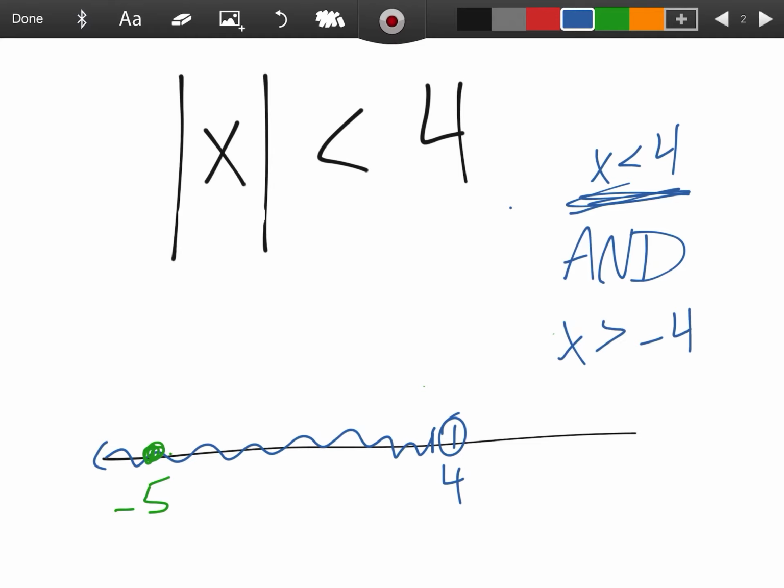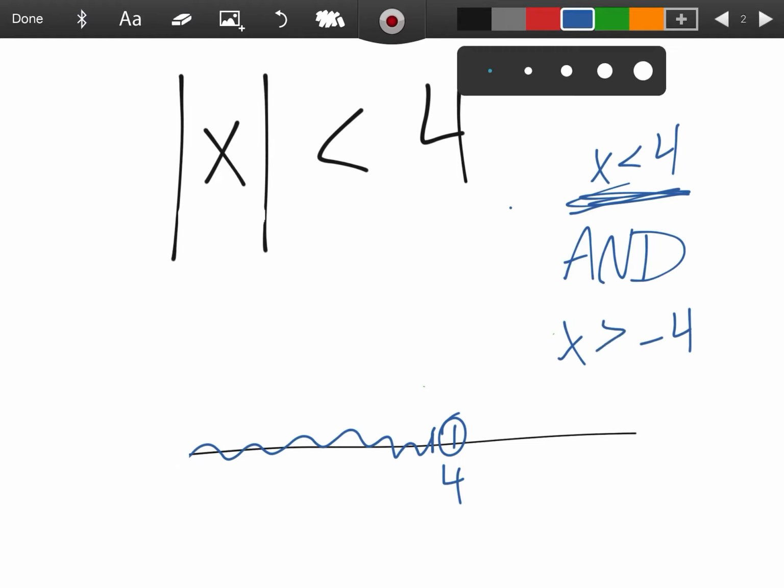So we keep the sign the same for the positive, and we flip the sign for the negative. Think of it like multiplying the other side by a -1. Okay, so we flip the sign for the negative, so we know x needs to be less than 4 and greater than -4.